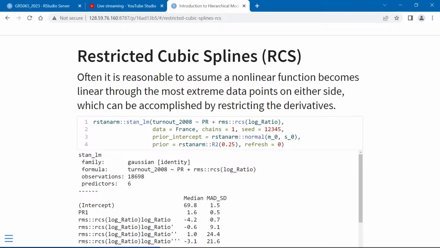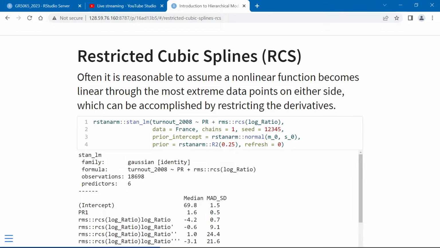And so that can be done with stan_lm, and that's maybe not a bad way to do it, because stan_lm allows you to put a prior on the R squared, like what you think the most likely value of the R squared is.